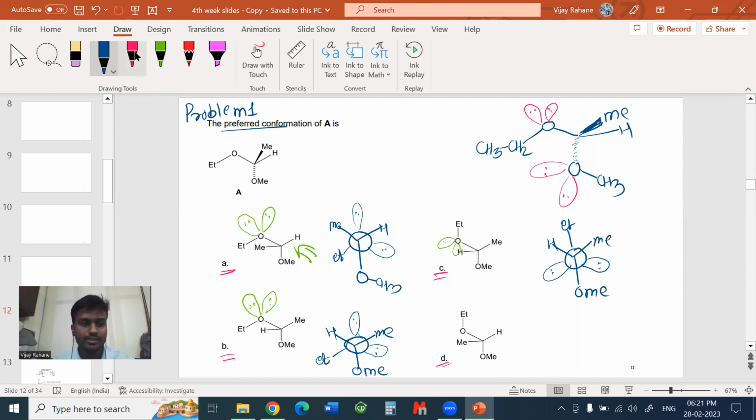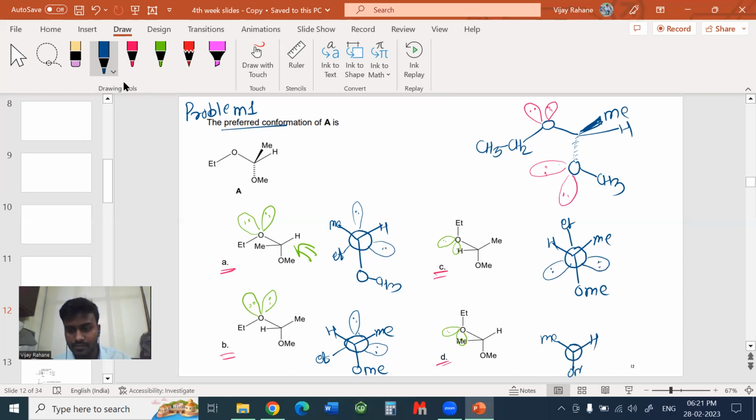And in the fourth structure, you can see, right? The ethyl will be here.